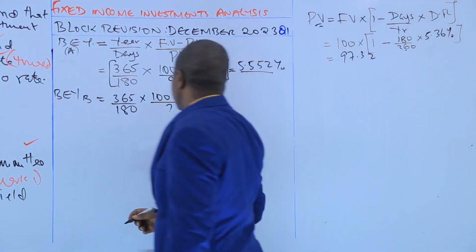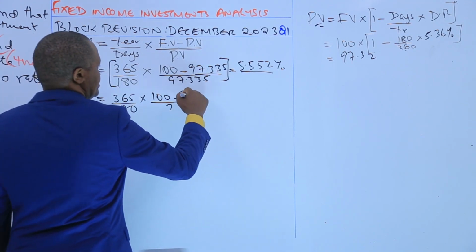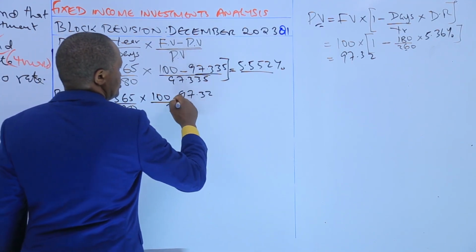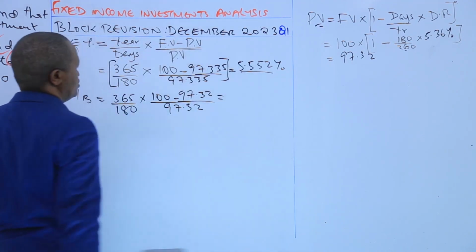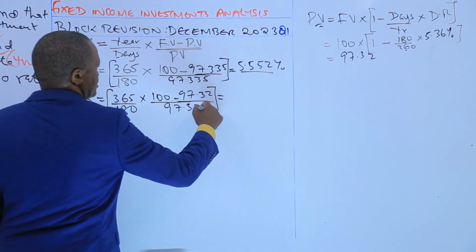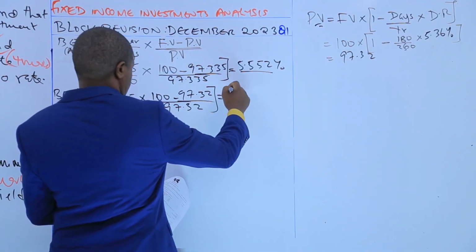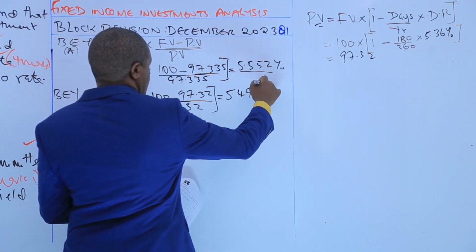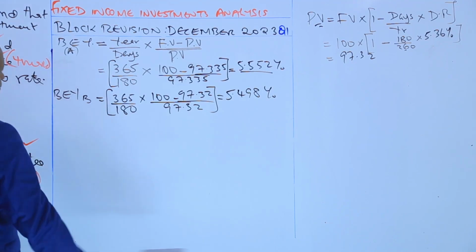Now, we will come here, candidates, and plug in the 97.32 over 97.32. So you will multiply that to get the bond equivalent yield for instrument B. 5.498%. That is the bond equivalent yield for instrument B.